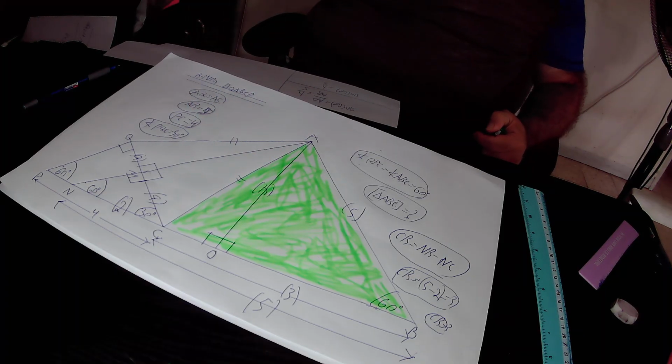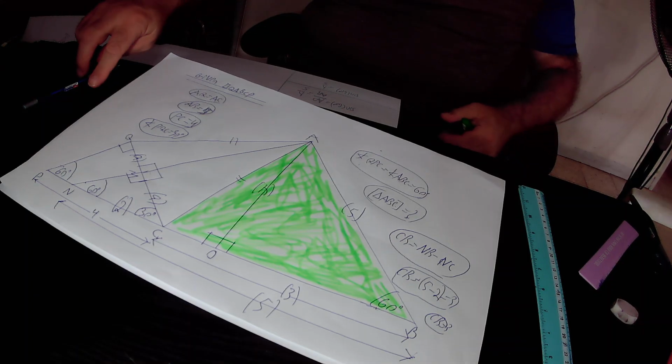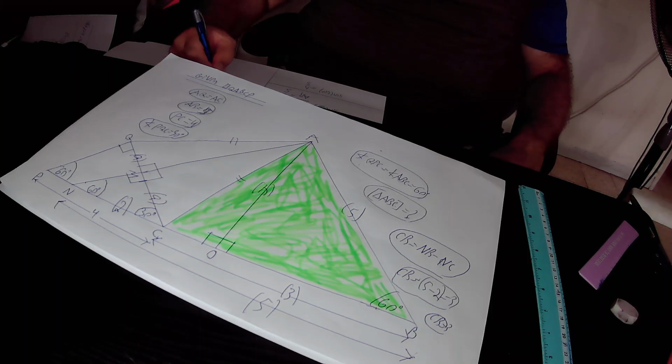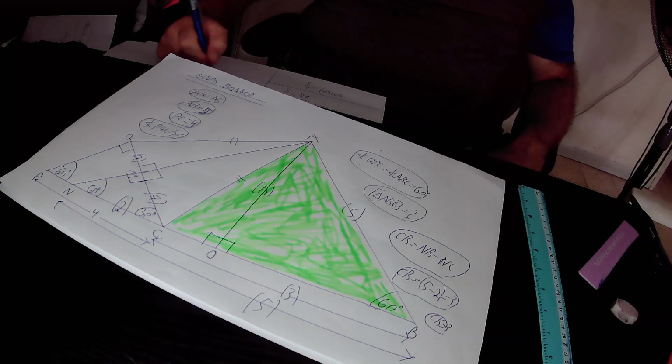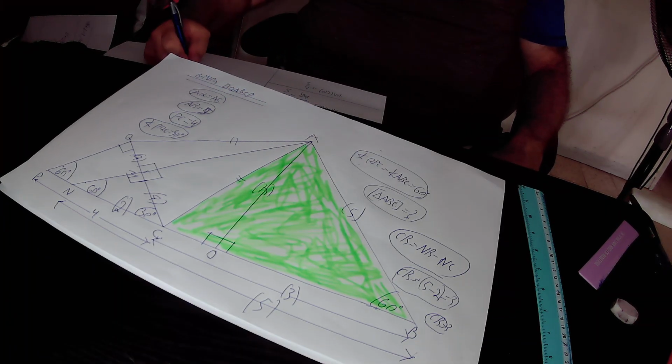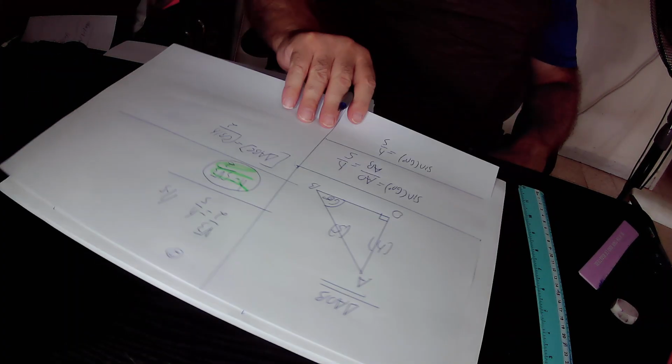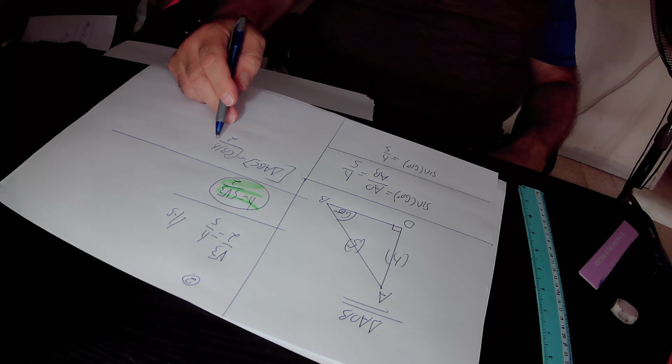Therefore the area of triangle ABC must be equal to the base CB times the height h over 2.